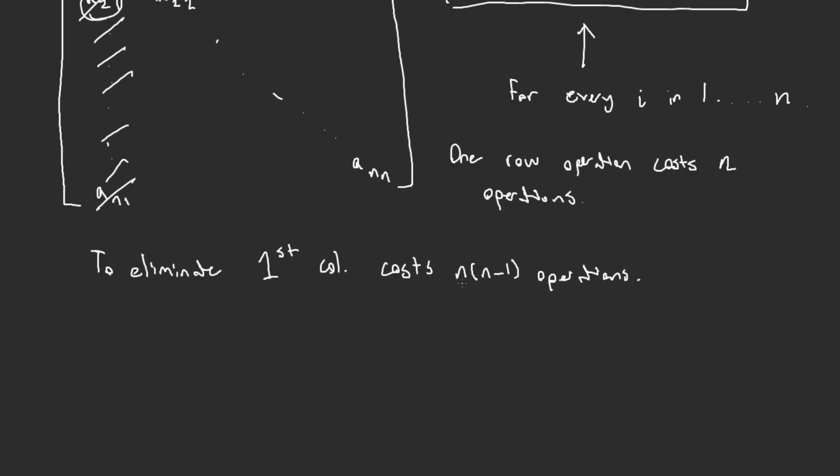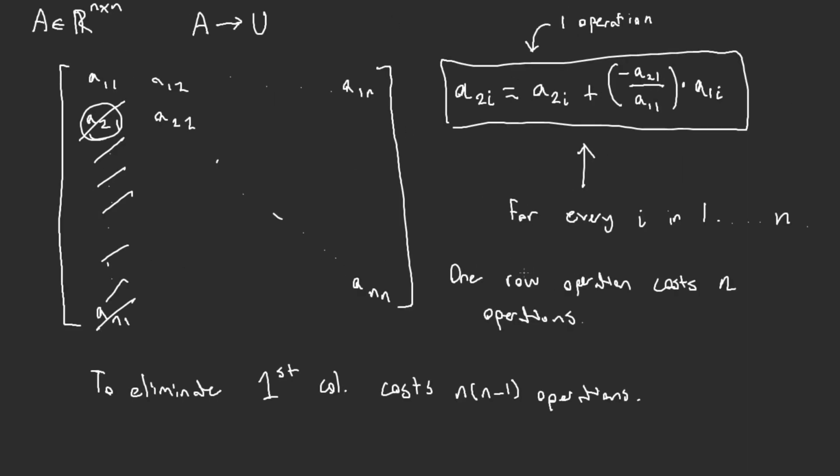Every row operation is going to cost n operations, and we need to do n minus 1 row operations. Okay, now what about the next column? Now we move to this entry, and we want to eliminate all the ones beneath it.